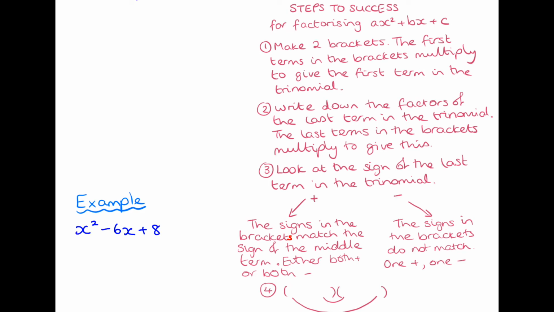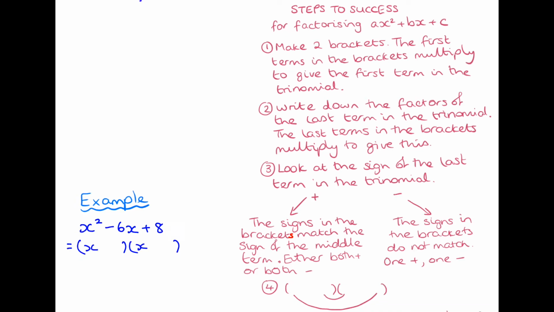We're going now to just follow our steps again. So to start with, make 2 brackets. The first terms in the brackets multiply to give the first term in the trinomial. So because we want x squared, we need x and x in the brackets.